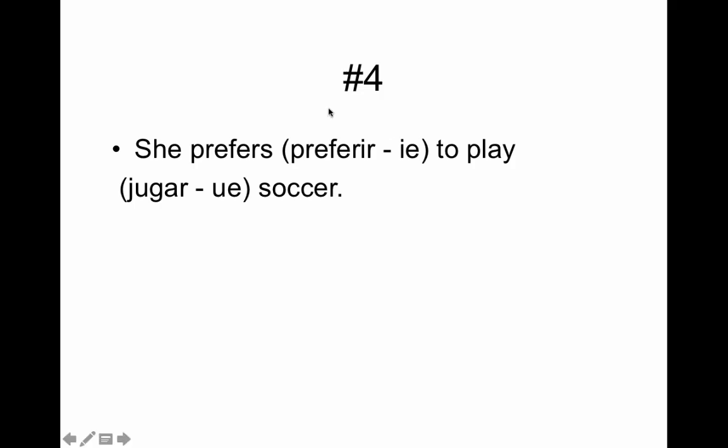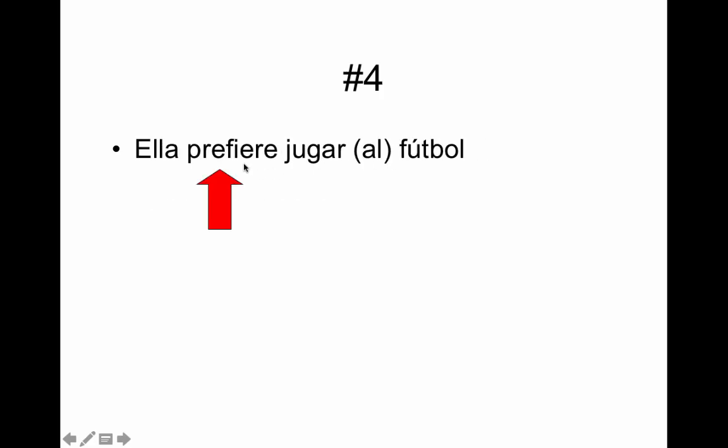Okay, so first of all, we have to remember to take off the last two letters, IR, but this one is an IE changer. So again, remember, not every IR verb changes E to I. This is an IE changer. But we need to be careful with this one because PRE is a prefix, and again, prefixes do not change.